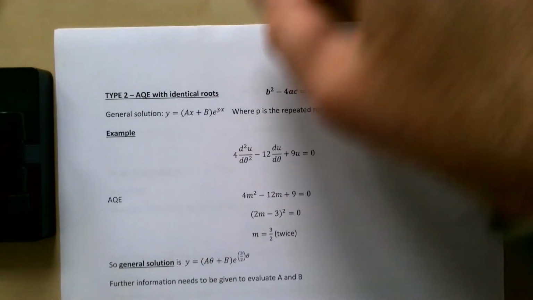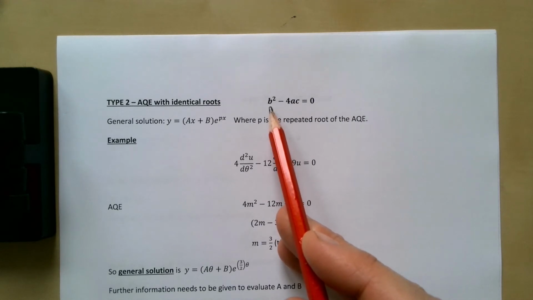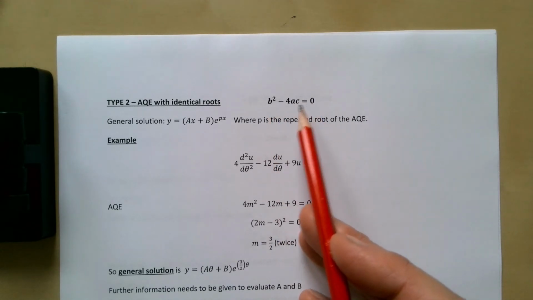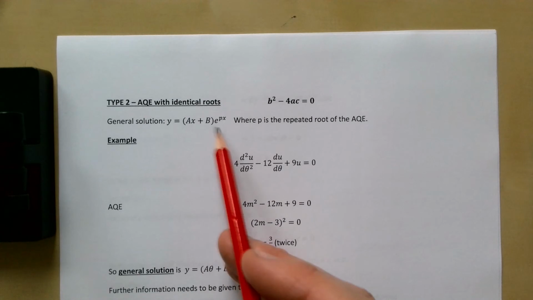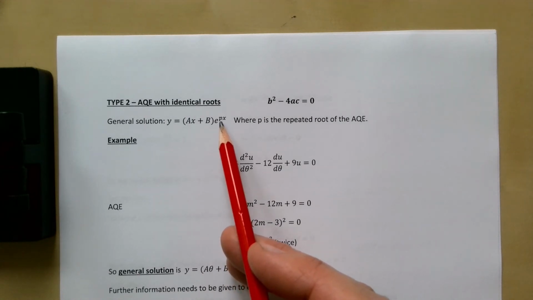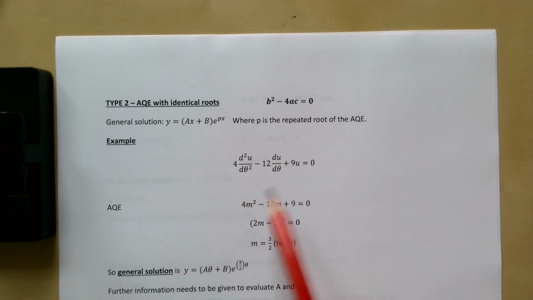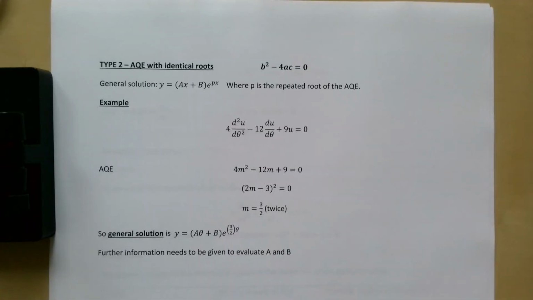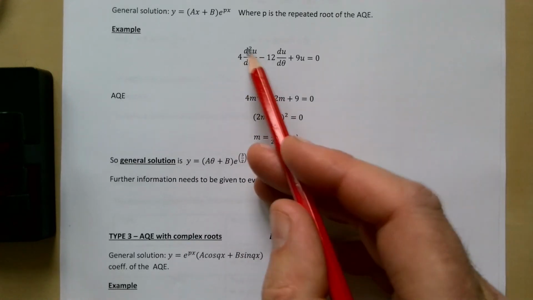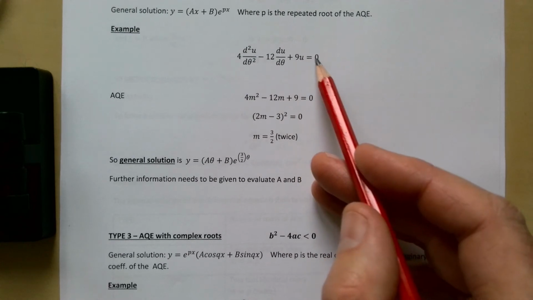Type 2: if we get a repeated root, or two identical roots, then the discriminant equals 0. The general solution in this case is y equals (ax plus b) all multiplied by e to the px, where p is the repeated root of the AQE. Our example here is 4 d2u by d theta squared minus 12 du by d theta plus 9u equals 0.